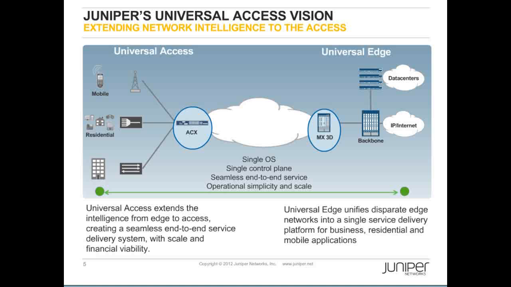With ACX, access and aggregation and the core devices run a single Junos on a single control plane with seamless end-to-end services. This offers the same service flexibility, the same scalable architecture, and the same resilient network design that made Juniper successful in Universal Edge.